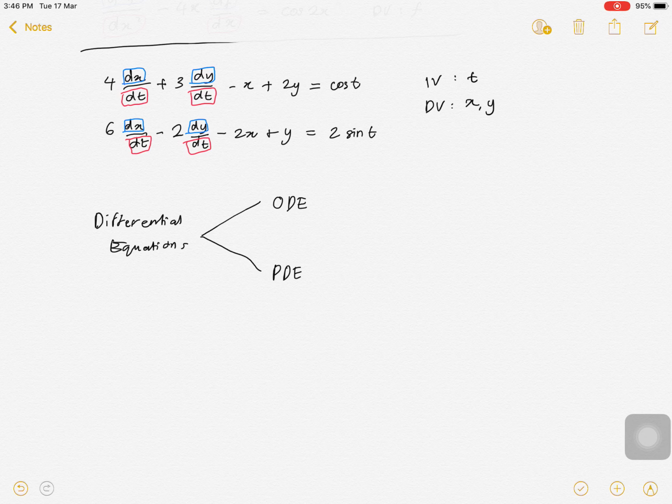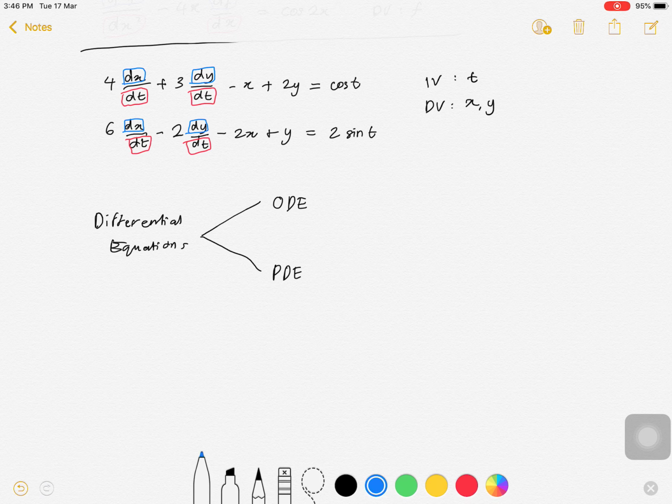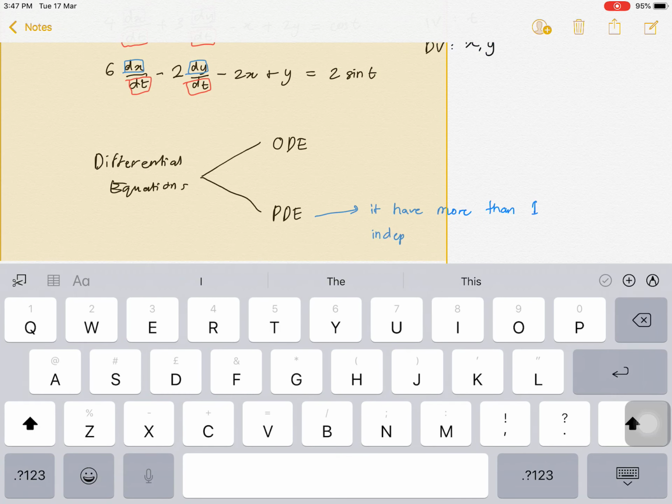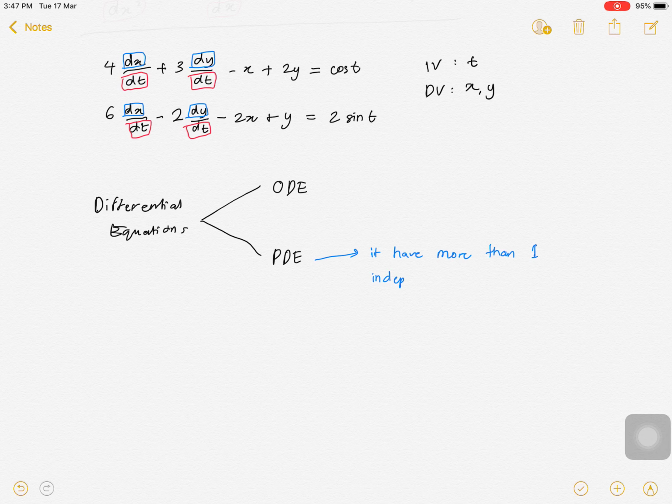For PDE, the difference is that it has more than one independent variable.